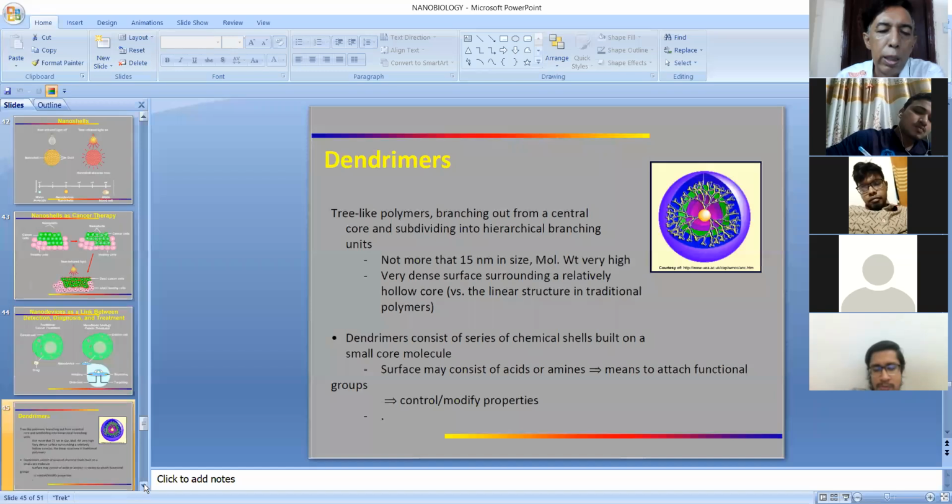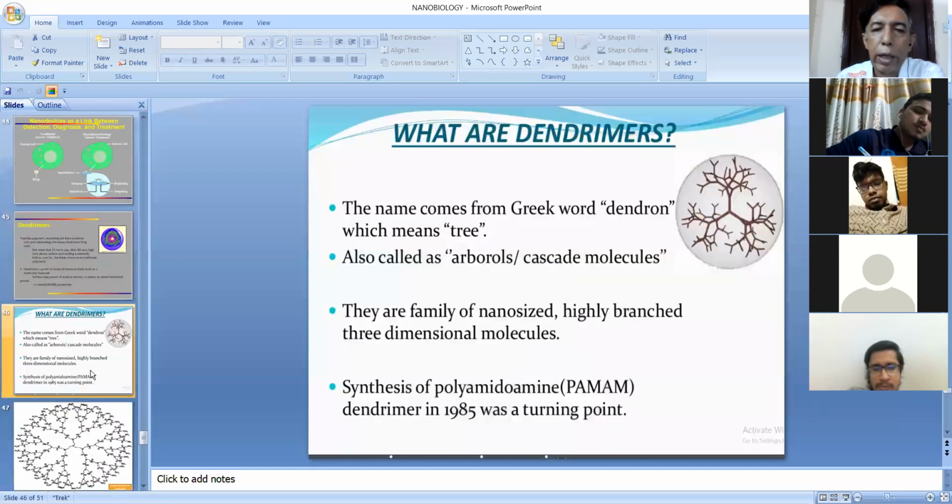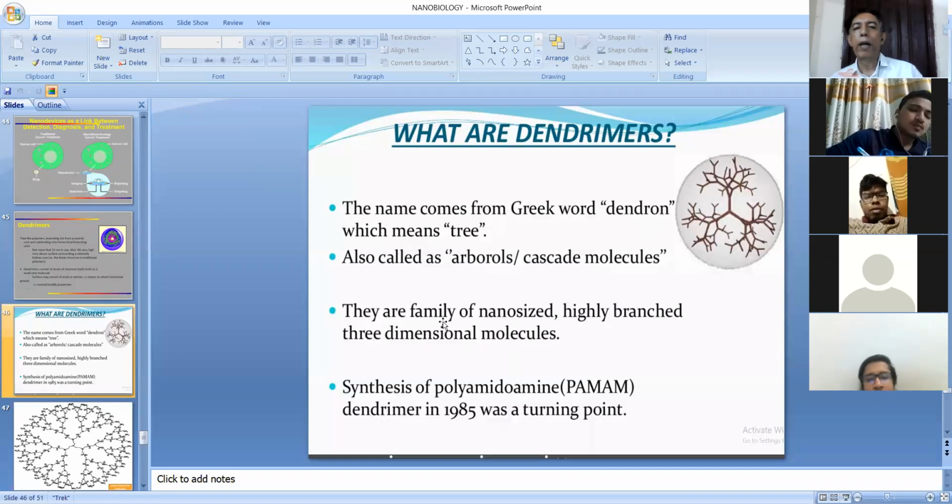So this is called dendrimers. The name comes from the Greek word dendron, also called arboreals. They are a family of nano-sized, highly branched, three-dimensional molecules. You see, these are like trees.